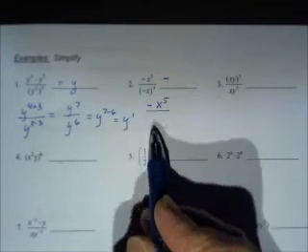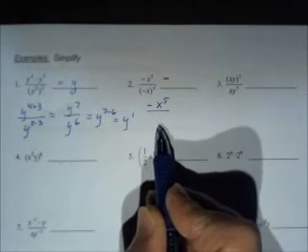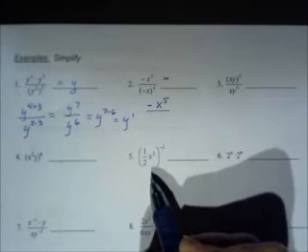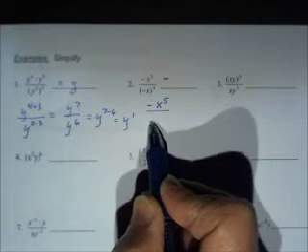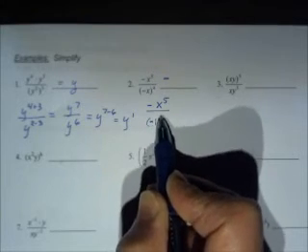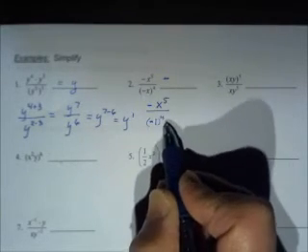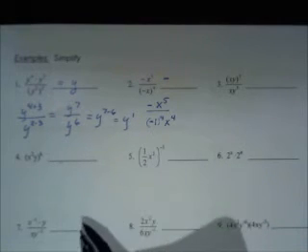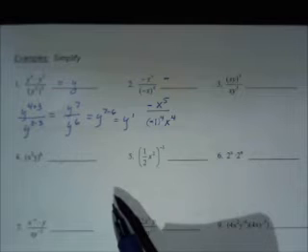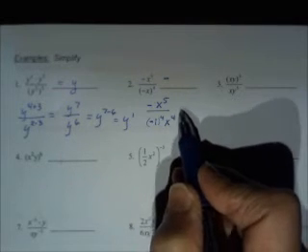That does mean that you're taking negative x times negative x times negative x times negative x. Or I can think of that as negative 1 raised to the 4th, because I'm going to distribute, and x to the 4th. Negative 1 raised to the 4th is positive, and x to the 4th is simply x to the 4th.